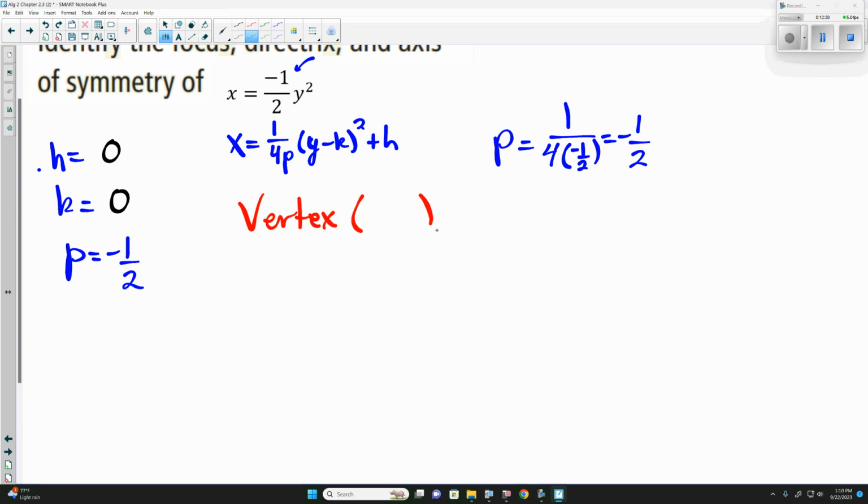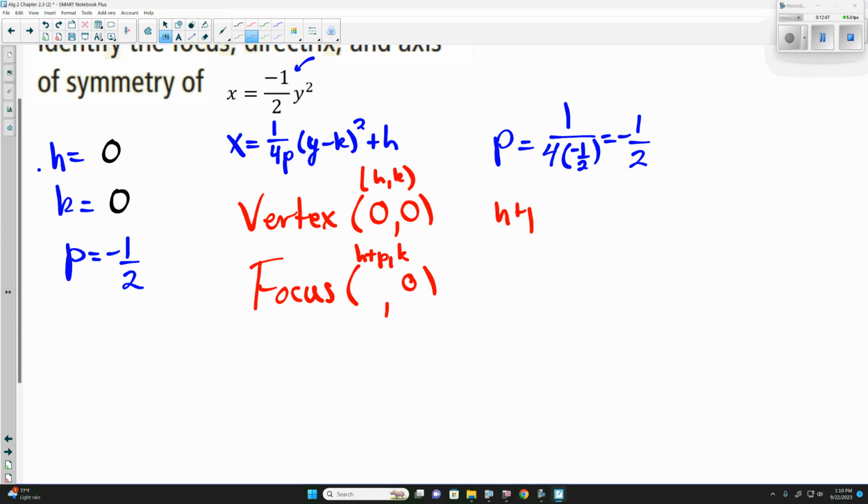Now our vertex is still the point h comma k. Well, the h value is 0, and the k value is 0. Now for this here, the focus, x equals h plus p comma k. Well, our k value is 0.